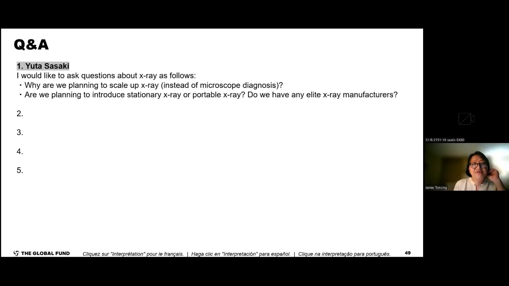And we are planning to introduce both stationary and portable X-ray. It depends on what the country needs. Maybe in a big TB hospital, they need stationary X-ray. But if you are doing, for example, active case finding, targeting remote populations in an outreach mode, maybe at that time you need portable X-rays. And we have very good X-ray manufacturers.